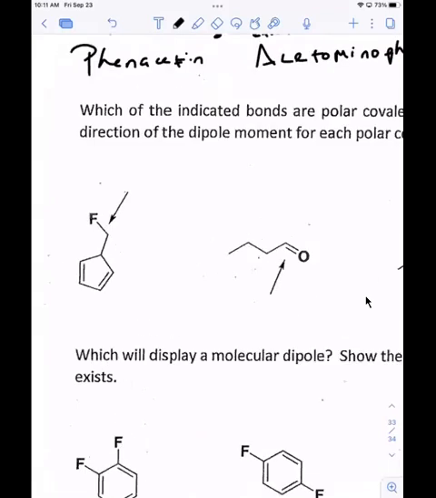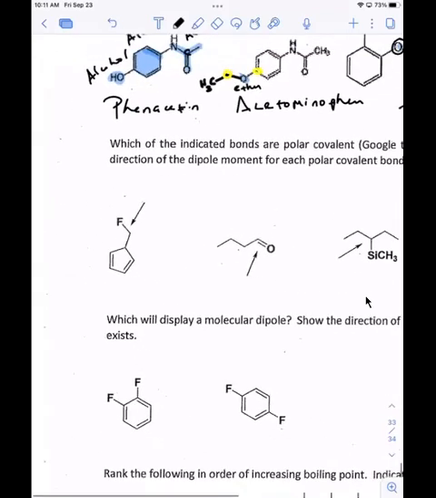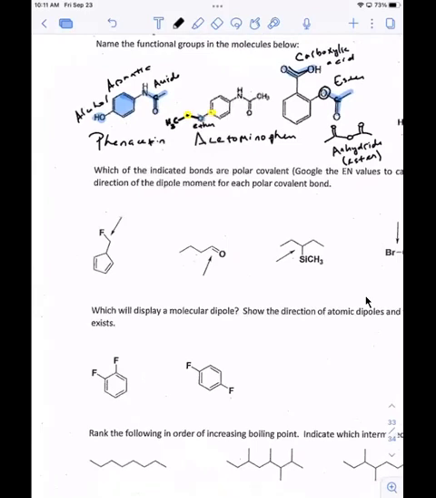So the question asked to look up the electronegativity value. You can just pull up a periodic table with those values on it. And let's work through these real quick, see if they're non-polar covalent, or polar covalent, or ionic.